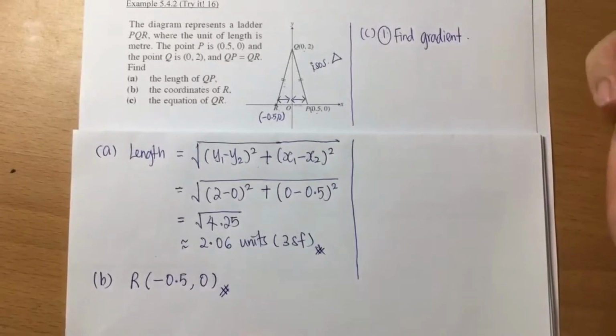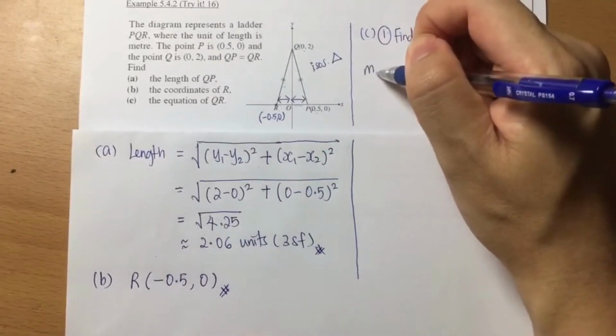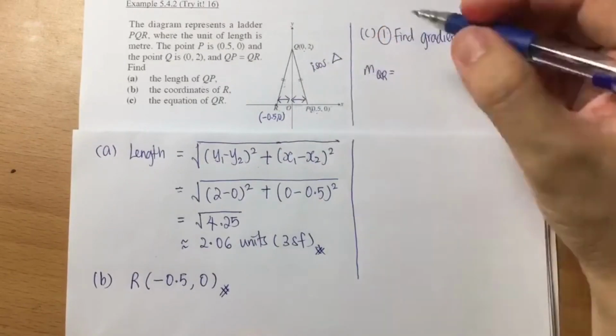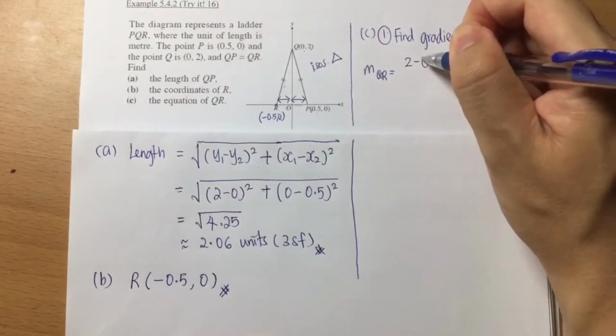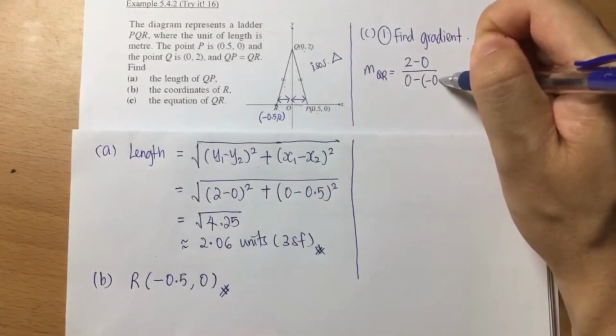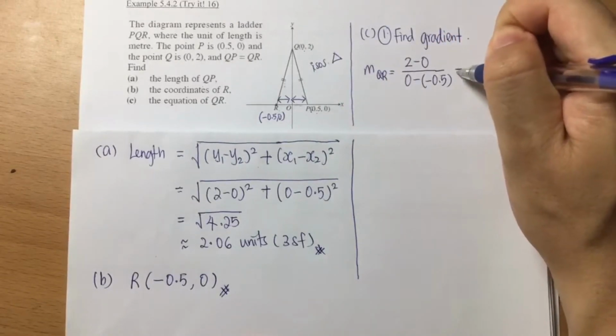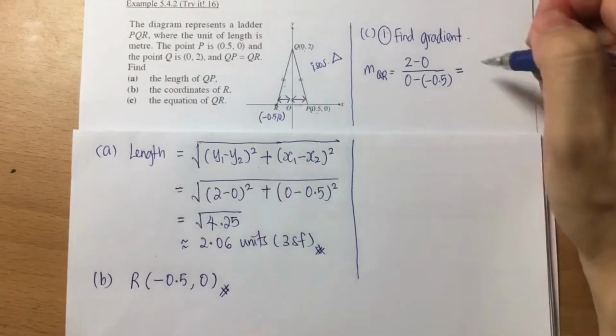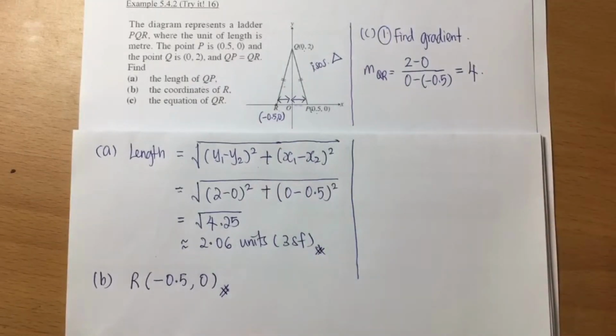So the gradient of QR will be equal to y1 minus y2 over x1 minus x2, and once I have this, I get 4. So the gradient is 4.